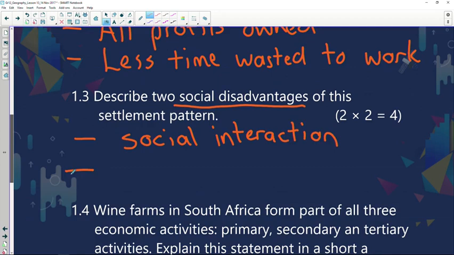Another reason that we can mention over here, we can't share any ideas. So to get social interaction, you need to travel quite a bit, because the only people working on an isolated farmstead are you yourself, your family, and the workers on it.